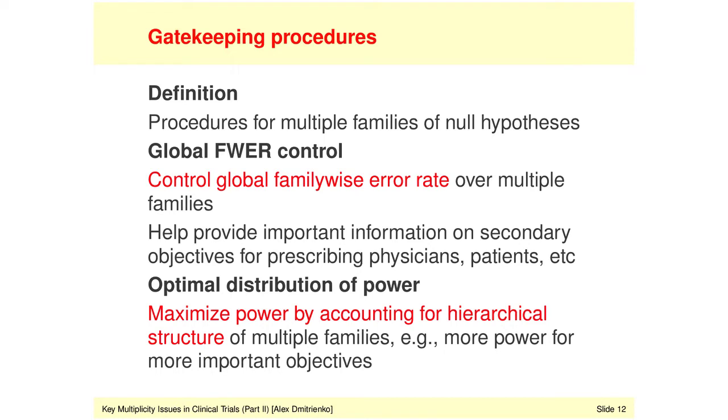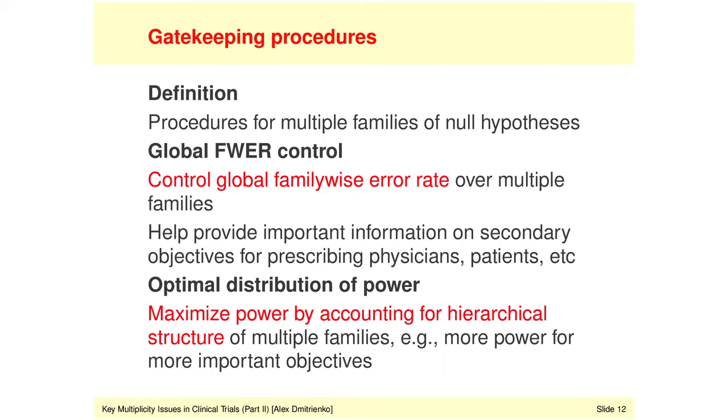I would like to emphasize the word global because in this case our goal is not to reach for local control within each family of null hypotheses, but instead to provide overall overarching global control over all multiple families that include hypotheses corresponding to the primary as well as secondary objectives in the clinical trial.